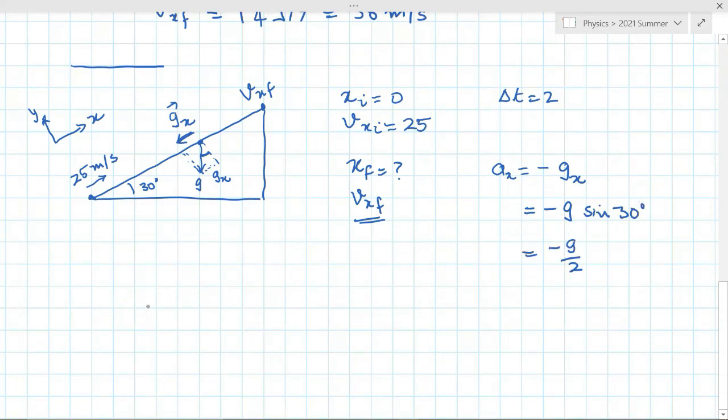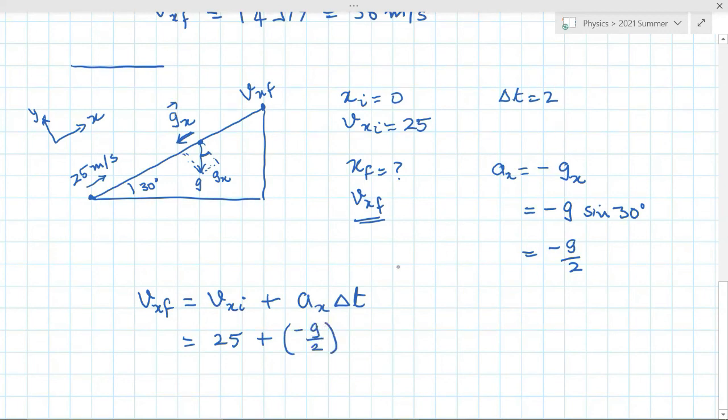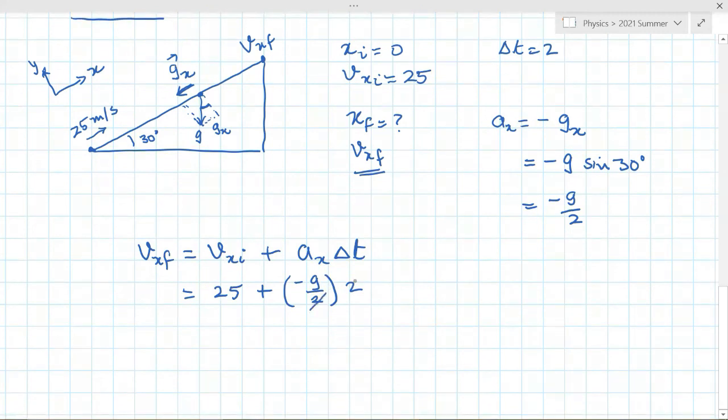Since we have the delta t, we can do final equals initial plus Gx times delta t. Now we can plug in: this is 25, this is negative g over 2, and that is 2. So the 2 cancels out. So this is 25 minus 9.8.